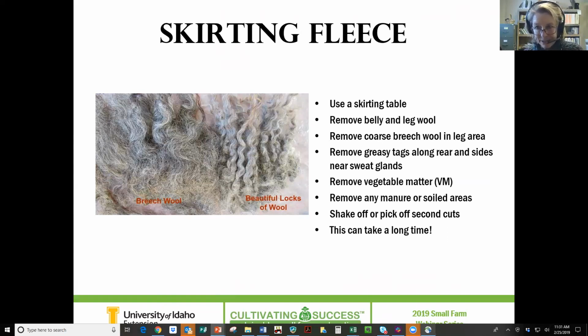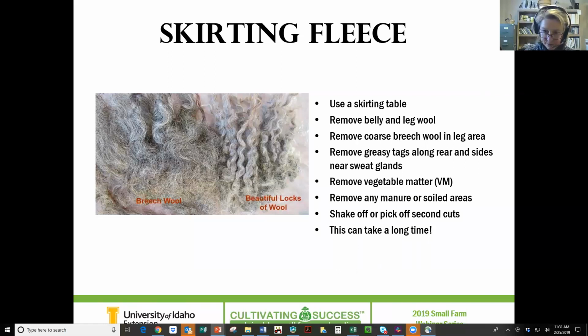Some fleece breeds are more non-uniform, just in the nature of them, but you want it to be as uniform as possible. Okay, and so you're removing the greasy tags along the rear and the sides near the sweat glands.